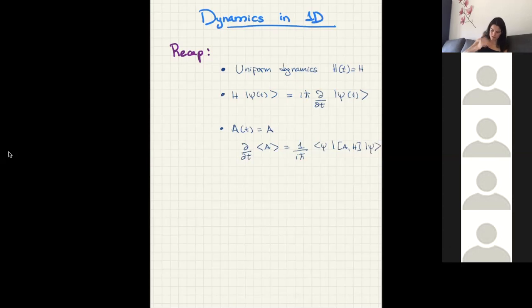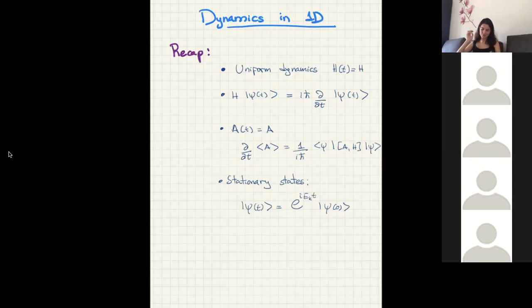And the other thing we saw was stationary states. So these are the ones for which psi of t was just the psi at time equals 0, and then here just some oscillating phase, right?